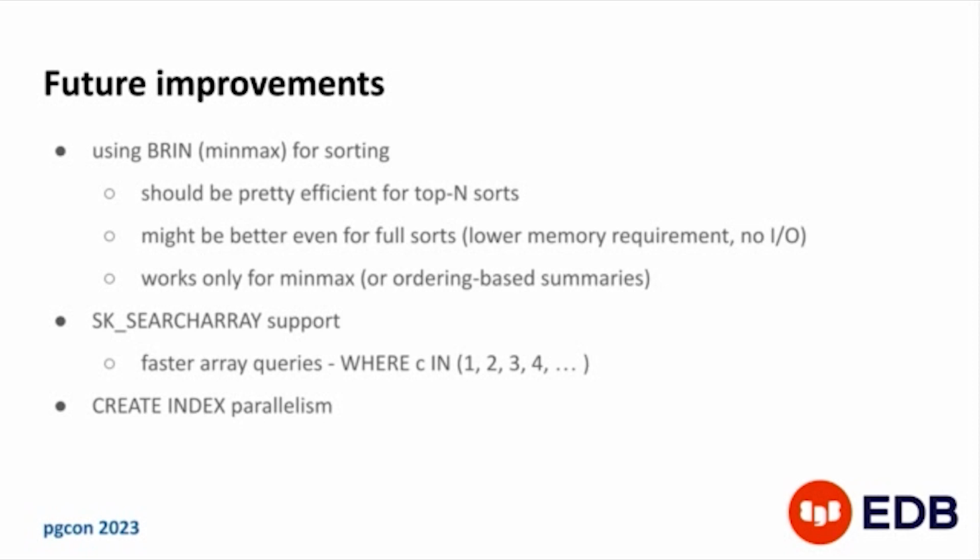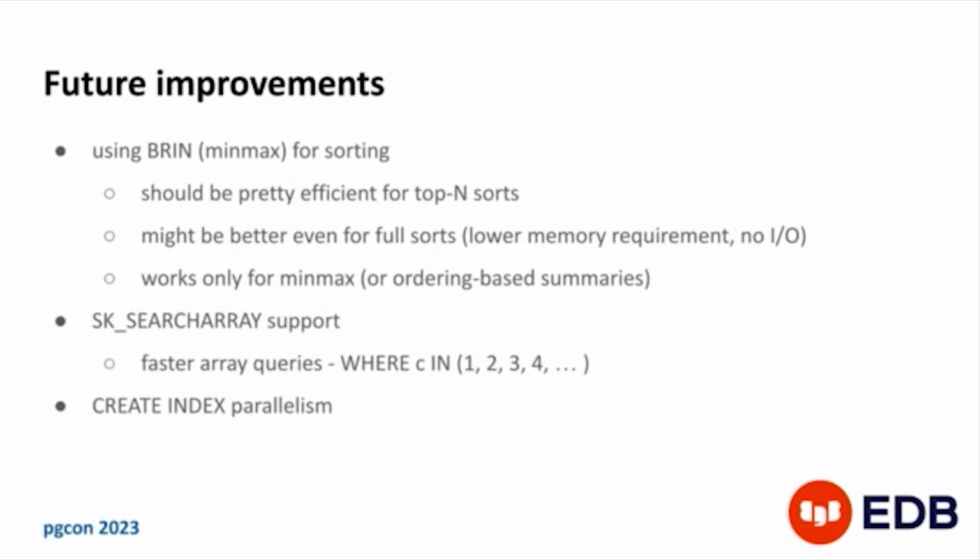We can actually do something similar for BRIN indexes in some cases, because we can incrementally sort the data based on the min-max ranges. If you only need the first 100 rows, for example, you can look at the first couple of ranges in the BRIN index and only sort those. That's the idea of the BRIN sort, which is the first patch.